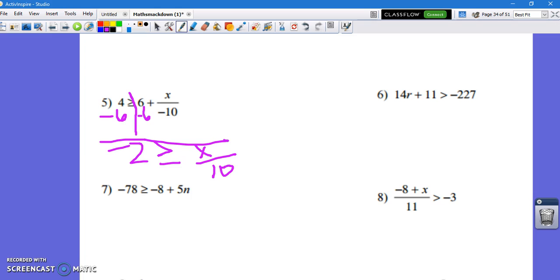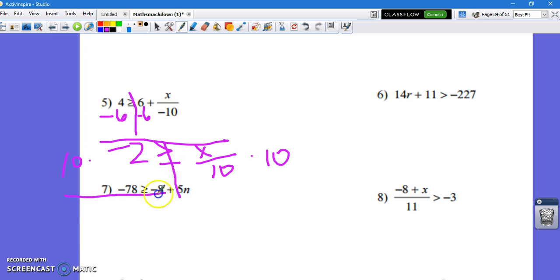Then you're going to divide. No. Yeah, multiply. Oh, 10. How did you know to multiply? I was going to say divide, but because the fraction is already divided. That's right. So we're going to multiply what? The 10 on both sides. That's right.